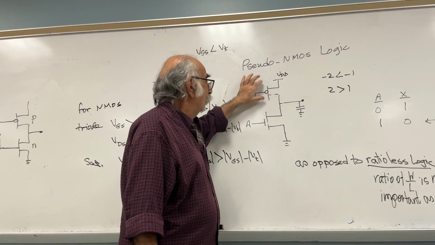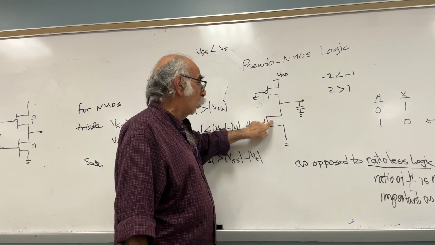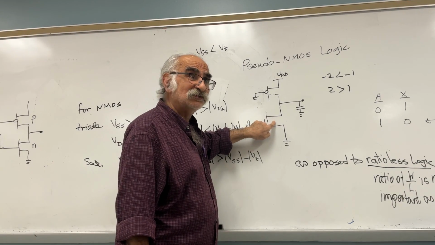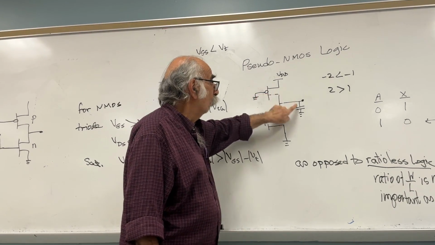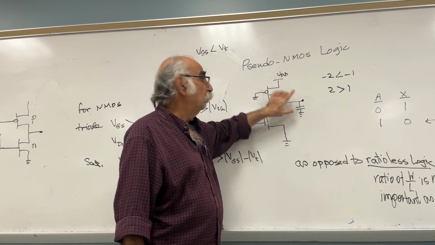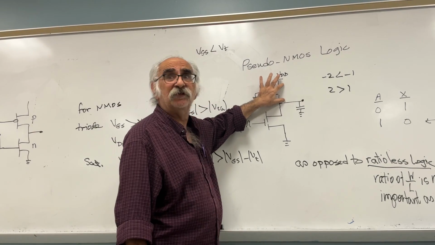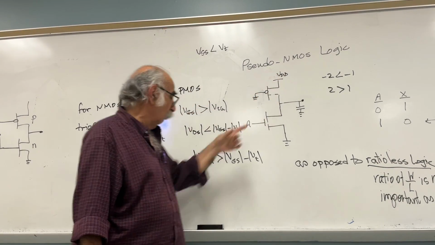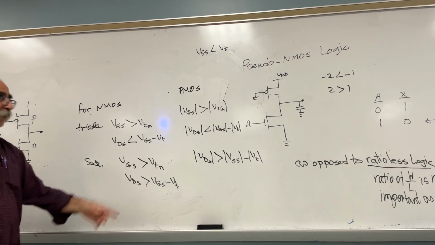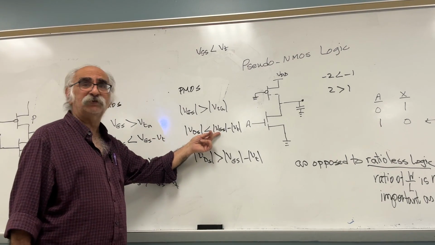Now remember, if this one is off and this one is on, what is the voltage difference between this one and this one? Zero. Which means, which one does it apply? Remember, the absolute value of VGS is how much?